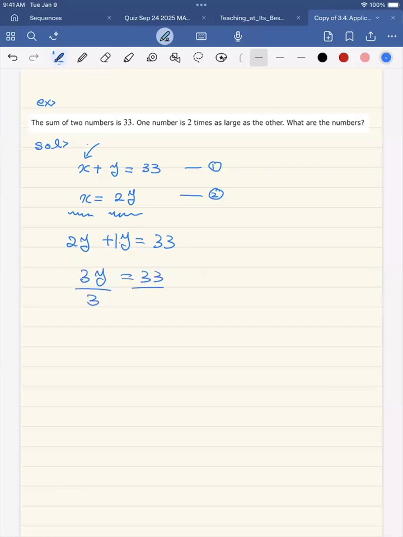We divide by 3 on both sides, then y equals 11. So one number is 11, and that is y, and we have to get x. x is twice y, so that's 22.